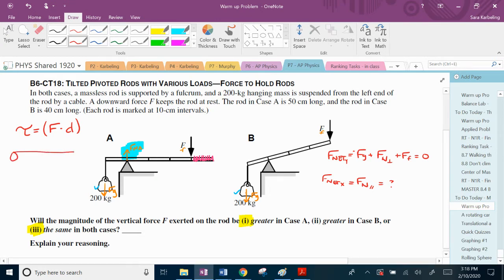So if I've got a door that I'm going to open, I can increase my torque by, instead of pushing here, pushing there. But then there's also something about angles, right? So if I'm going to push with the same amount of force at the same spot, do I get the same torque if I push like this as if I push like this with the same force?